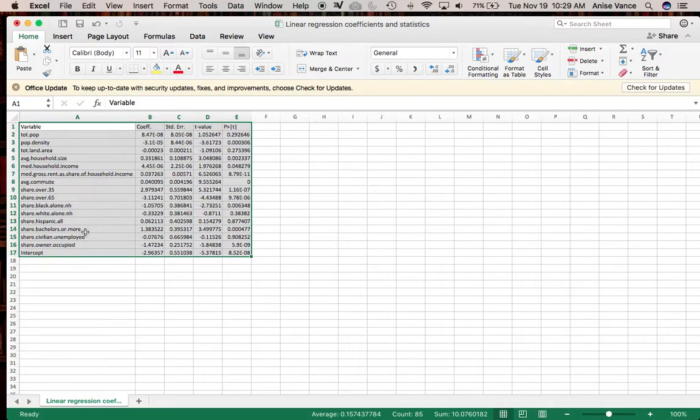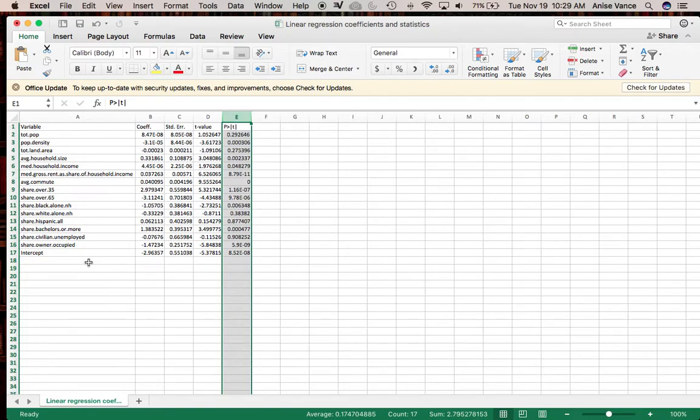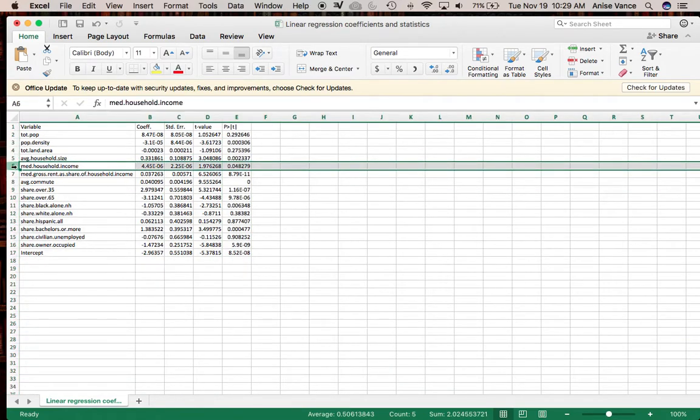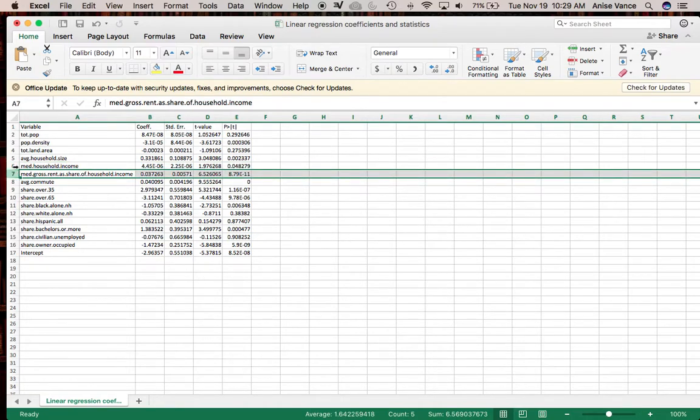So here are the linear regression coefficients and the p-values. So this kind of confirmed some of what we had seen in the WEKA trials, in that the median household income is below the 0.05 p-value level. We have median gross rent below that level as well, and the share owner occupied below that level.